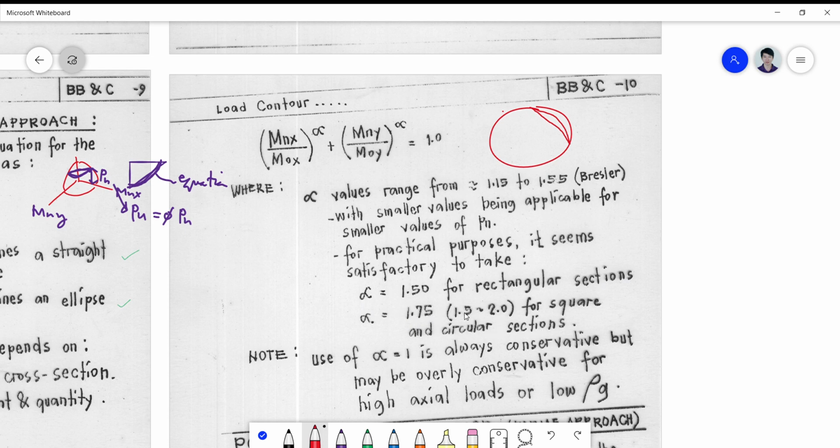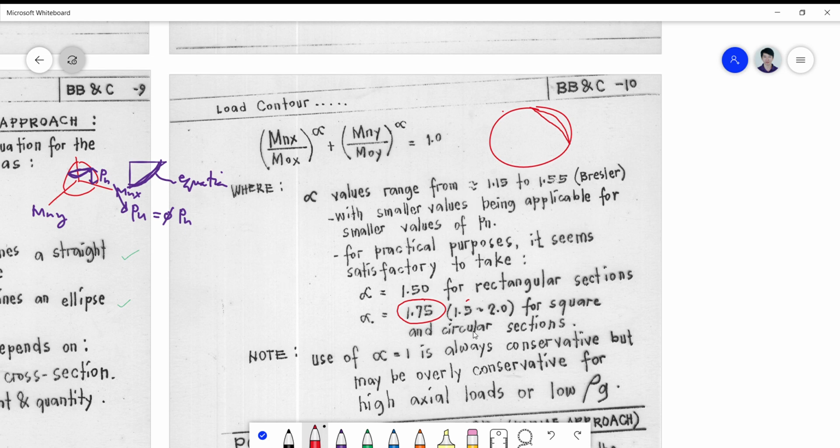Again, I don't use greater than 1.55. Ang galang ako dito. So, but there's a suggestion here to use 1.75 for square. But for circular section, this is acceptable. Why? Because a circular section will give you a contour that is almost a circle because of the compatibility in shape and distribution of your reinforcement.